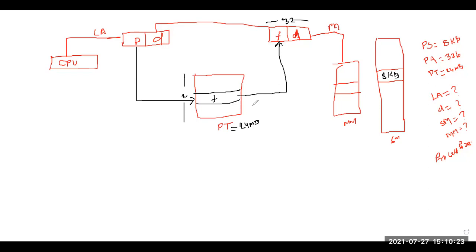One more interesting thing is given here: every entry in this page table consists of the frame number plus an additional 5 bits.